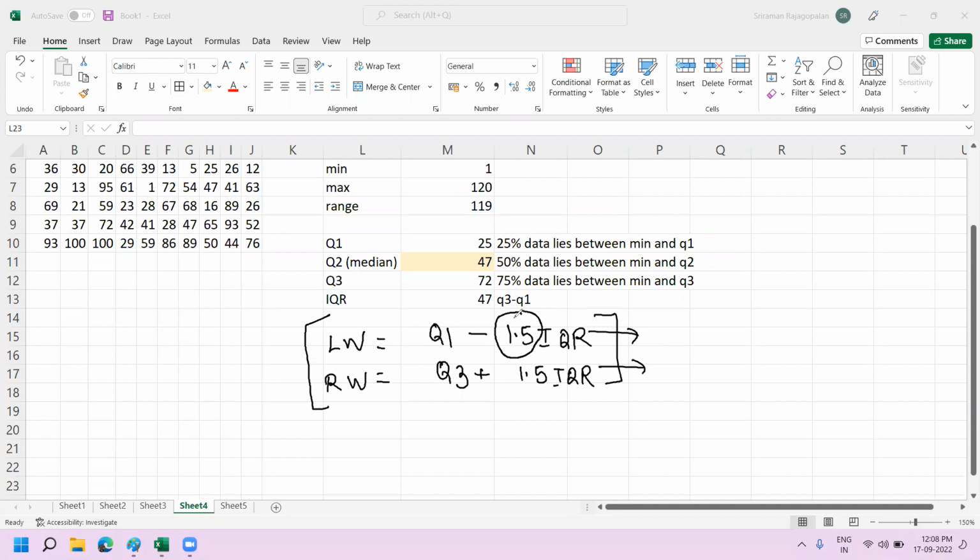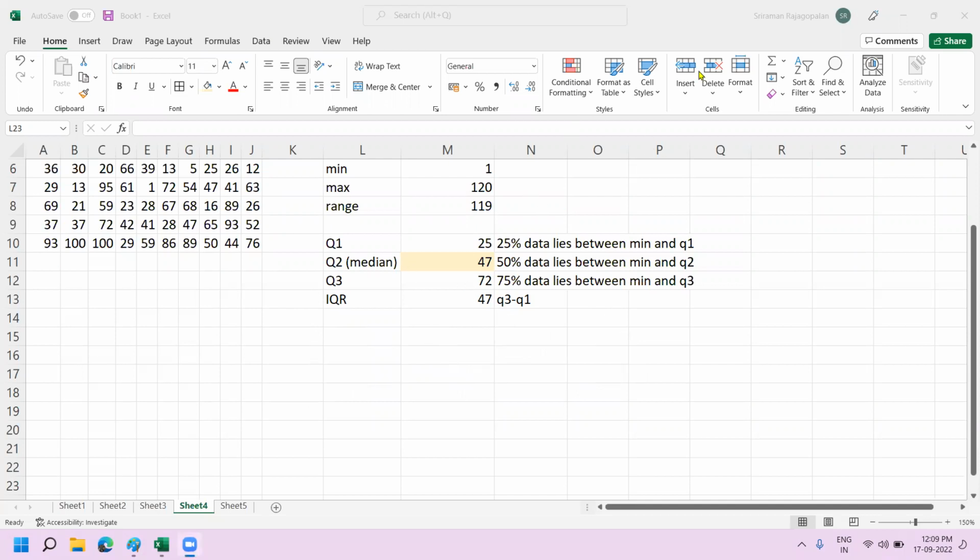If you have a data set where a value shown as an outlier is not technically an outlier, you can modify this formula and make it a bigger or smaller number to suppress the outliers in the box plot. You can change it according to your domain data. So in this example, I'll use this number to find the left and right whiskers.